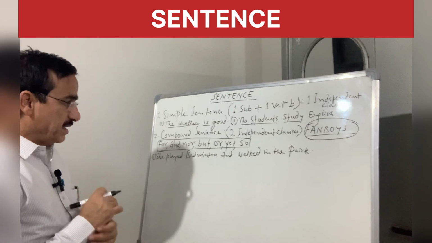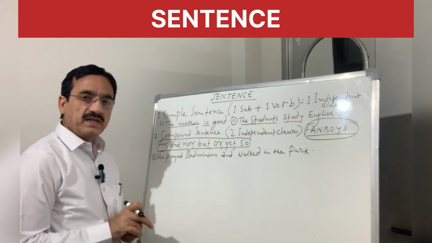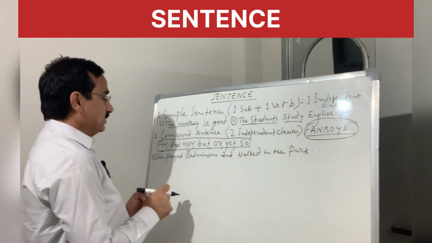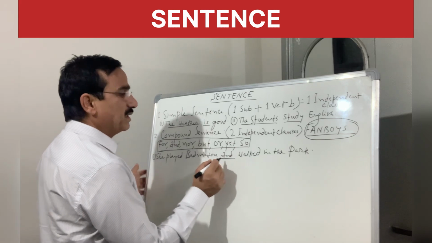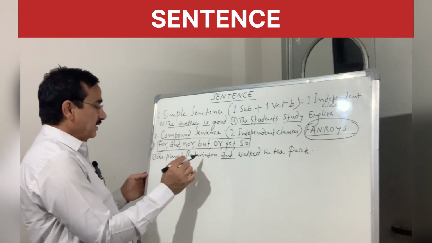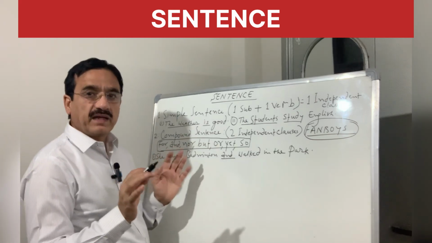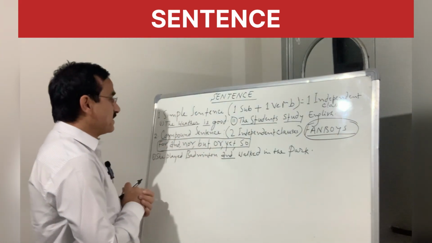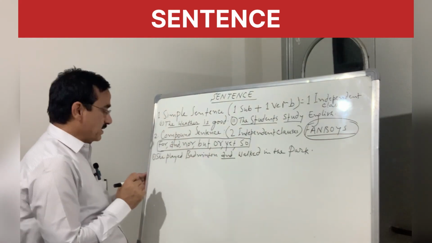So here the coordinator and is used, and there are two independent, main clauses. Hence this is an example of a compound sentence.